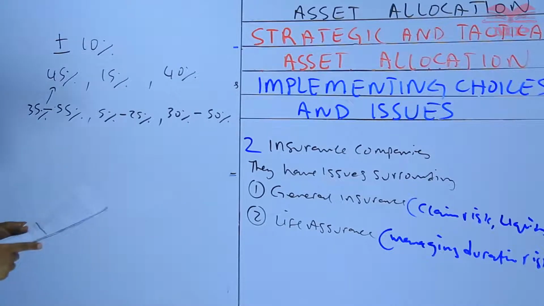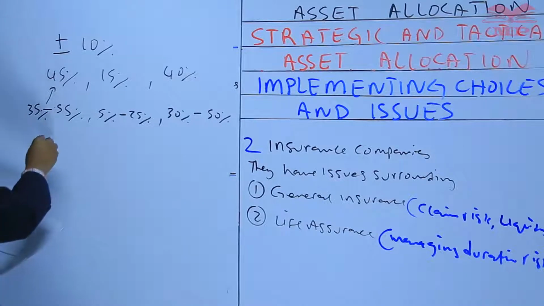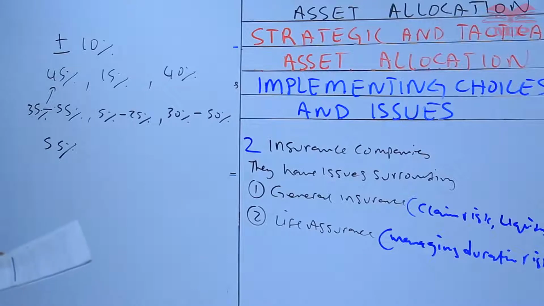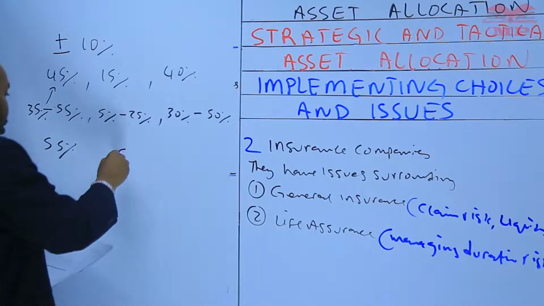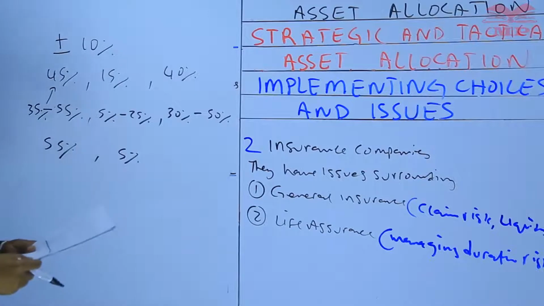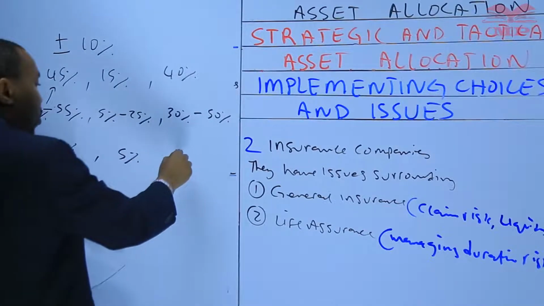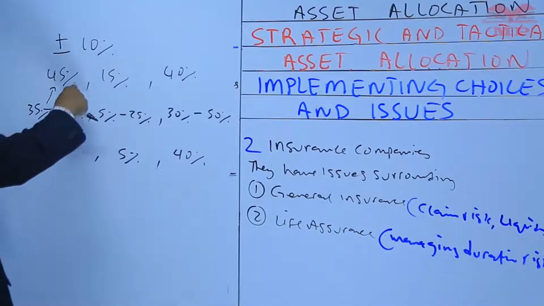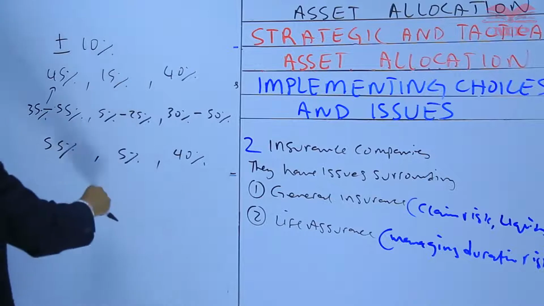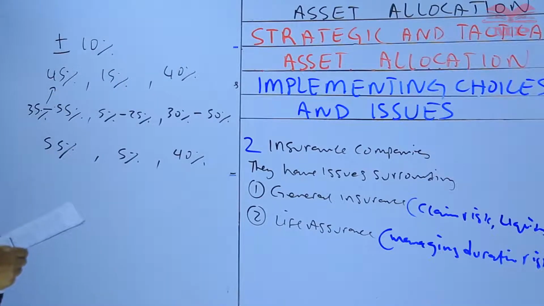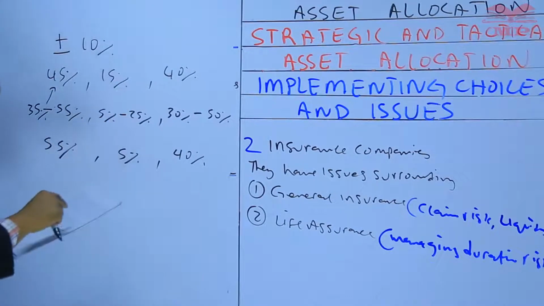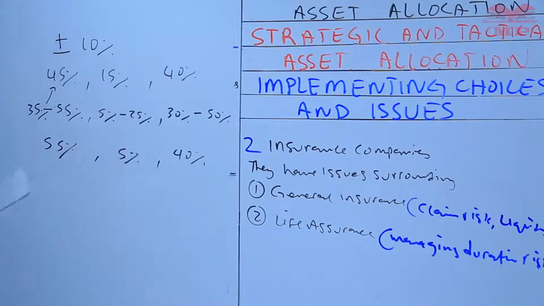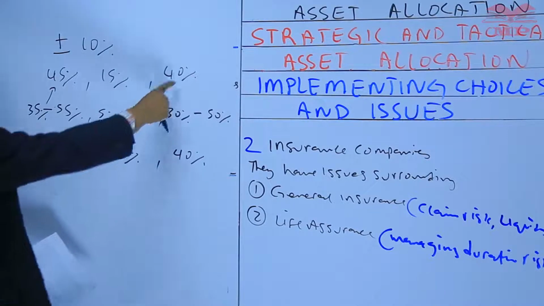Now, the current asset allocation is 55 over here, based on what William is stating. It's gone down to 5% for this other asset class, and 40%. As you can see, this is the previous asset allocation: 45% in US equities, 15% in non-US developed market equities, and 40% in US Treasury inflation protected securities, so TIPS.